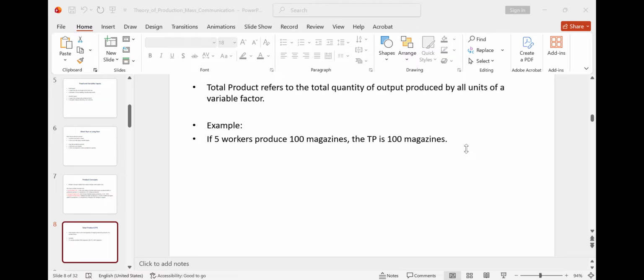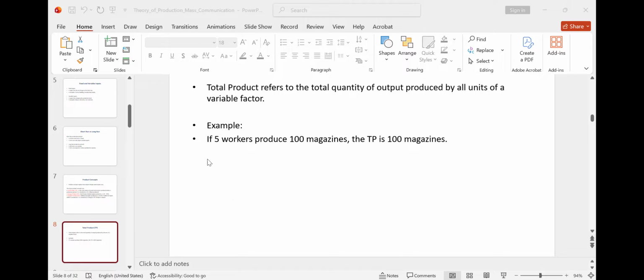Is it correct? Correct, sir. You say why, it's not just yes that I need. Why did you say it's correct? Because as you said, the total product refers to the total quantity of the output. So the total quantity of the output by the 5 workers is the 100 magazines. Therefore, the total product is 100 magazines.